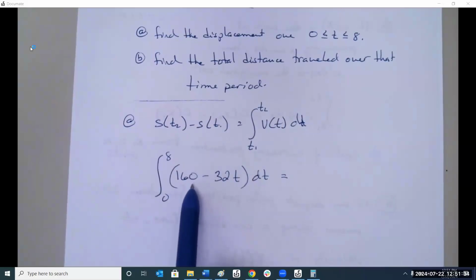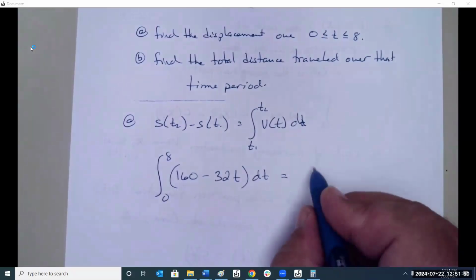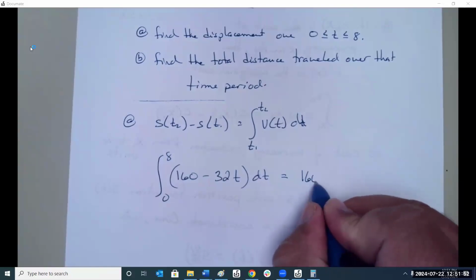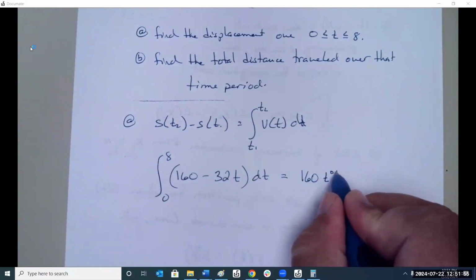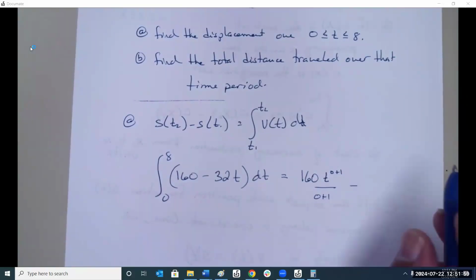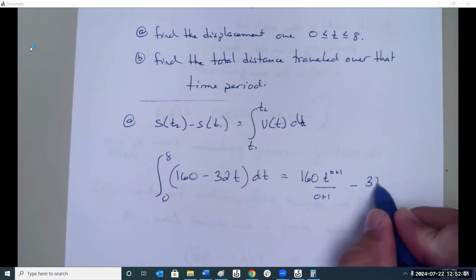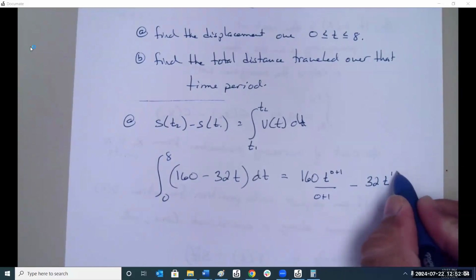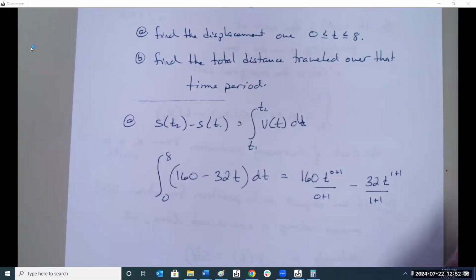Okay, this one here has a t. This one has a t, but the power is 0. Remember what you do? You have to add 1 to the exponent and divide by the same number. So this one's going to be 160 t to the 0 plus 1 divided by 0 plus 1. And the second one is 32t to the first, so we add 1 there, and we do the same thing on the bottom.